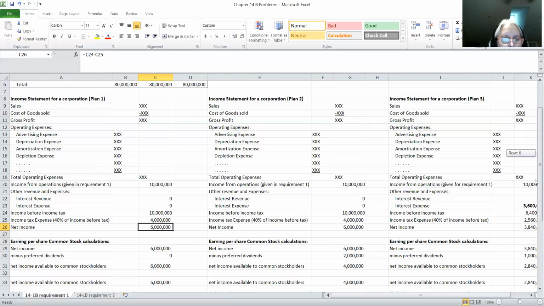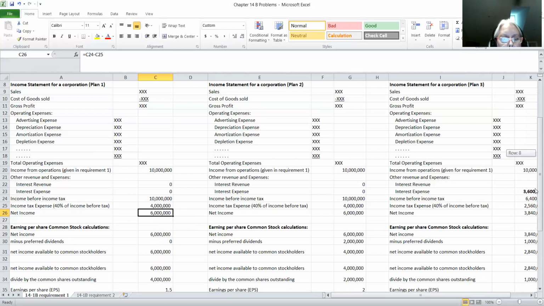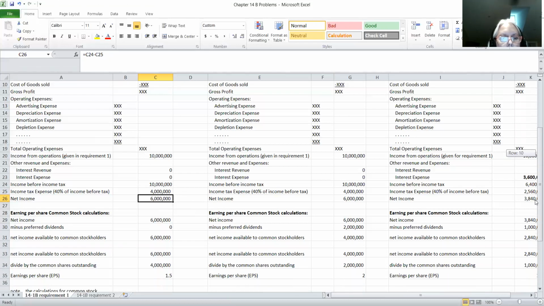In Cengage, they want you to record the earnings per share. Before we can calculate the earnings per share, we need to know certain things. We need to know what our net income is. Our net income comes from line 26, is $6 million.